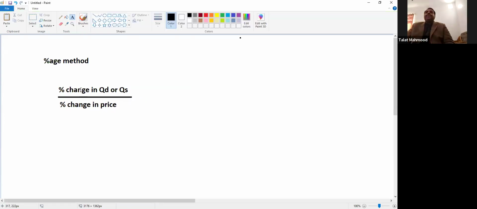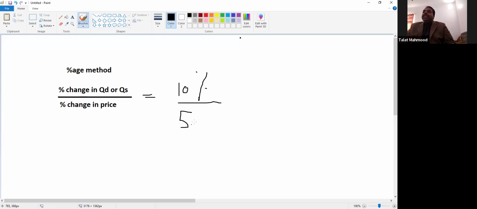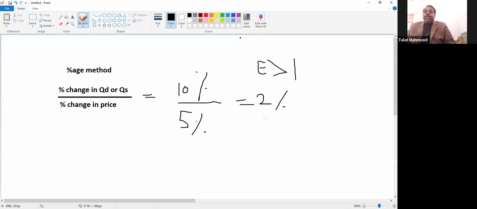So this is actually the percentage method. By this method, if quantity demanded or supplied is increasing or decreasing by 10%, and price is increasing or decreasing by 5%, then 10 by 5 will be 2. Elasticity is greater than 1, so it means it is more elastic.